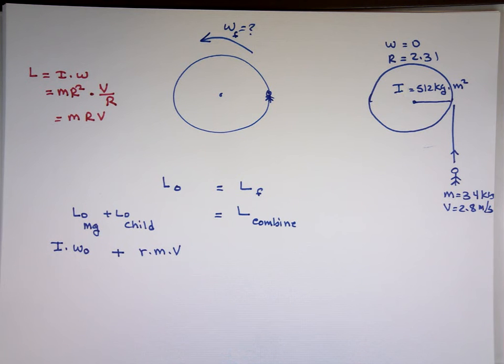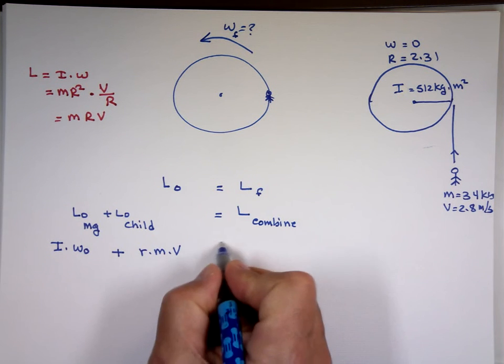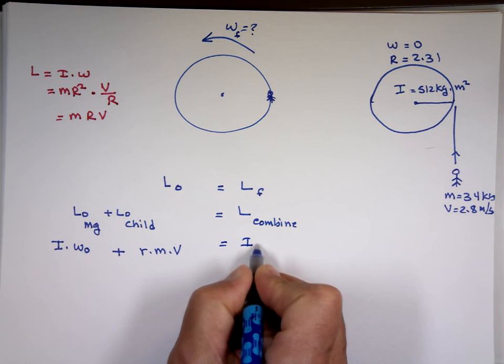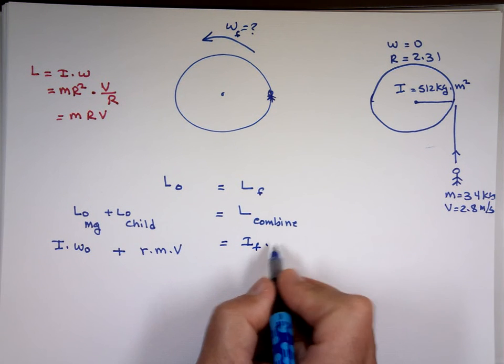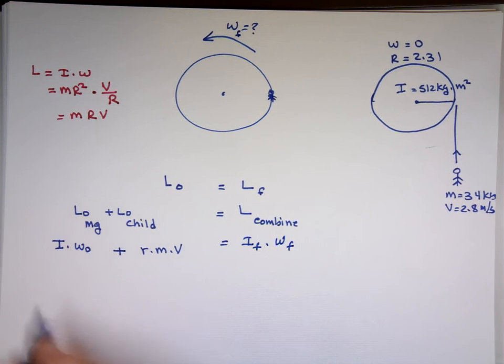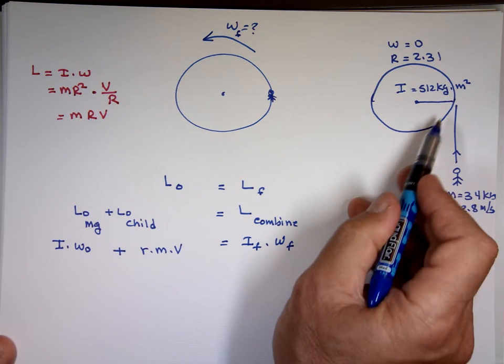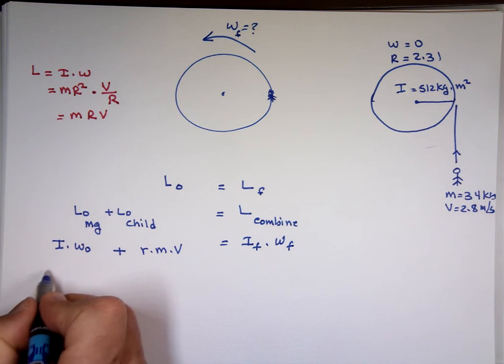Equals the final inertia times W final. Here we have the inertia, 512, for the merry-go-round.